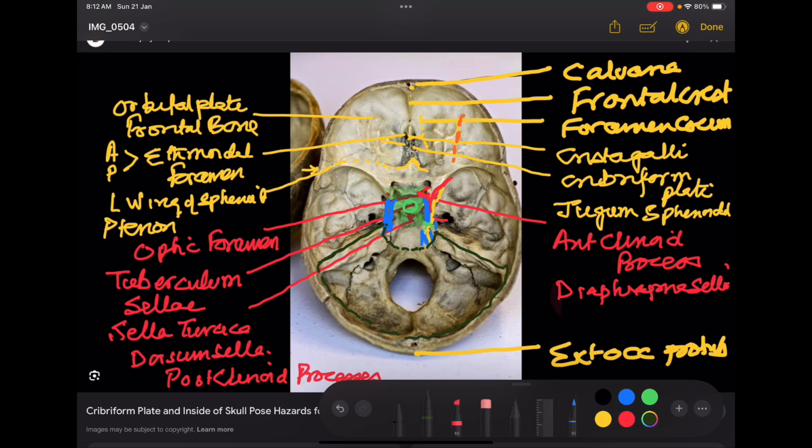So the posterior cranial fossa is entirely under the tentorium cerebelli. So any lesion above this tentorium cerebelli, any lesion in this region would press the tentorium cerebelli, will press the pons and the cerebellum, will stretch the sixth nerve and cause paralysis. So this lesion is called a supratentorial space occupying lesion, ST-SOL.